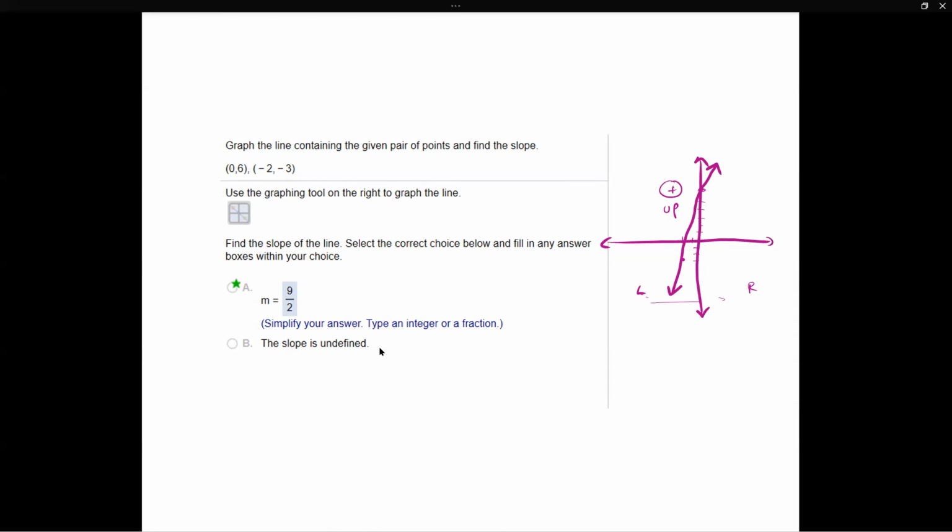And we have y2 minus y1 over x2 minus x1. This is the slope formula you're familiar with. If you call this one x1, y1, and this one x2, y2, so negative 3 minus 6, and negative 2 minus 0.